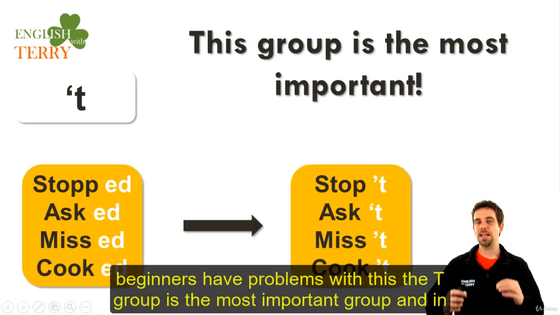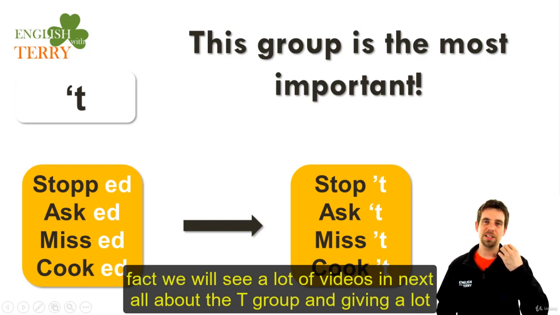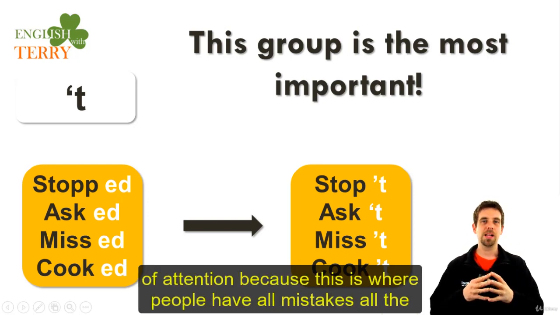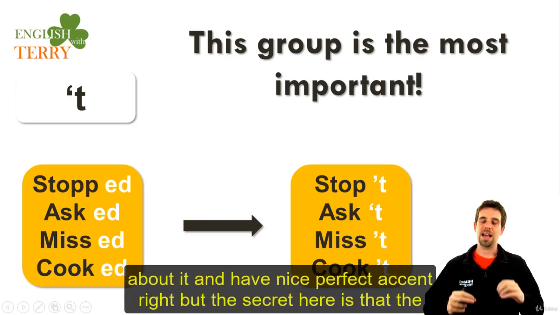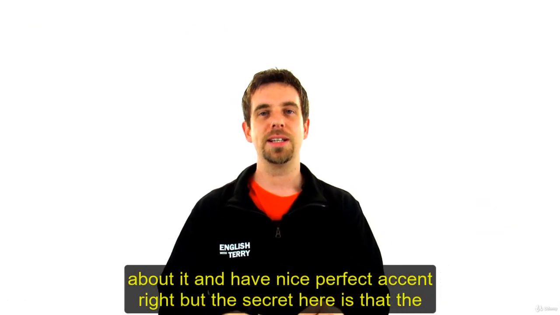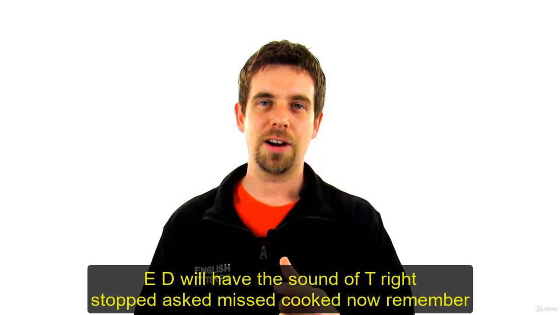The T group is the most important group. And in fact, we will see a lot of videos next all about the T group and giving a lot of attention, because this is where people make all the mistakes and have all the problems. At the end of this module, you're going to understand everything about it and have a nice, perfect accent, right? But the secret here is that the ed will have the sound of T, right?